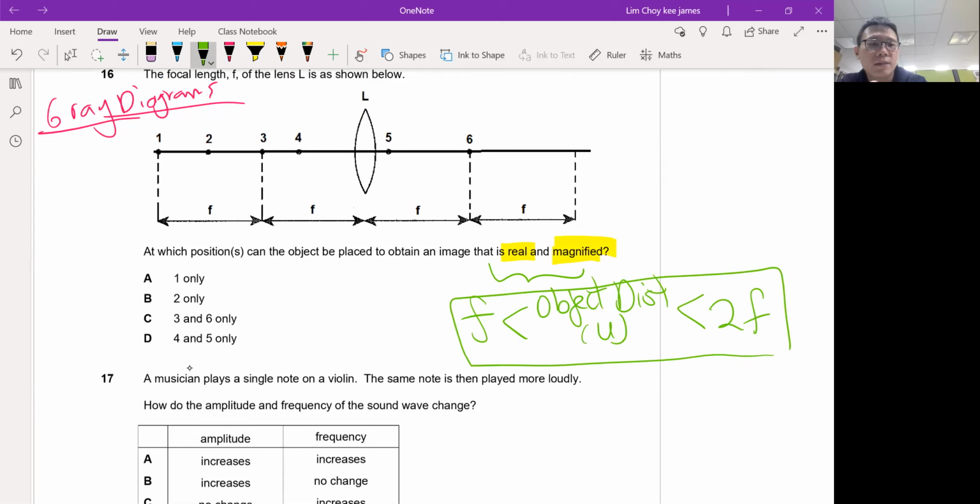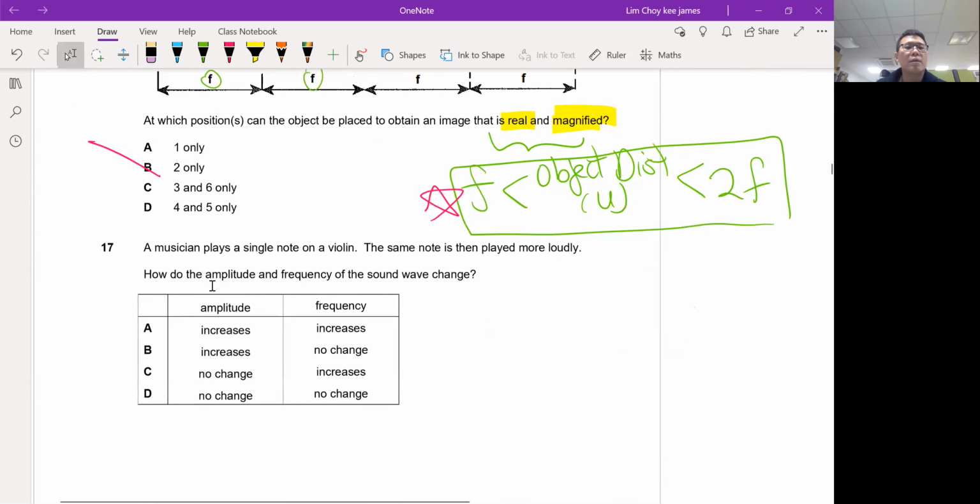So this is f, this is 2f. For me to obey this, the object must be within this range. So the one possible location for the object could be position 2, only position 2, whereby I have more than f, less than 2f. So it's only position 2.